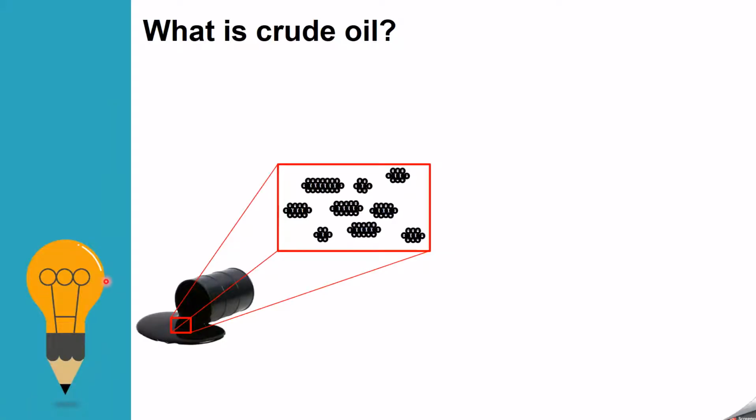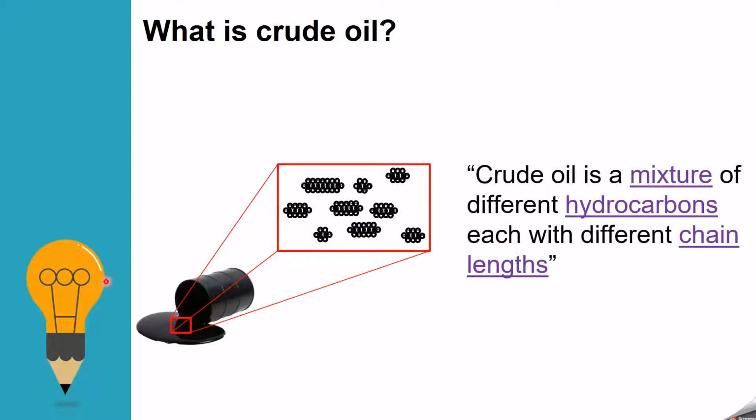So what is crude oil? Crude oil is a mixture of different hydrocarbons with different chain lengths. It's just this black sticky substance that contains different sorts of hydrocarbons of different lengths, and the majority of these hydrocarbons are aliphatic hydrocarbons.